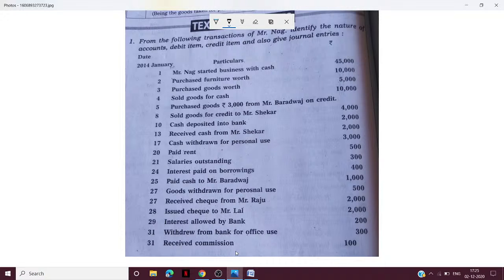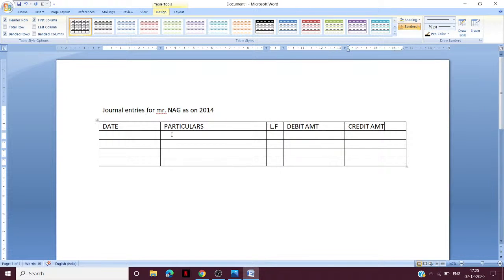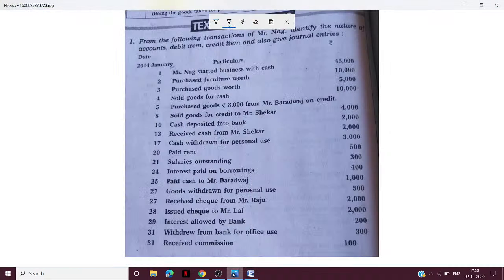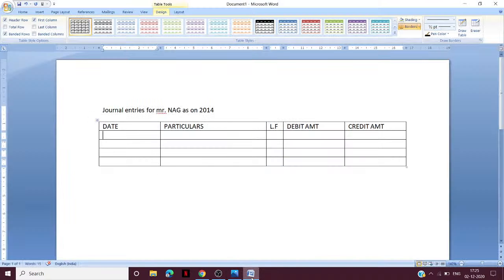Always remember students, when someone starts business with cash, it is capital, the first transaction. The answer will be: first write the date. What is the date? 1st January 2014 is the first transaction date.